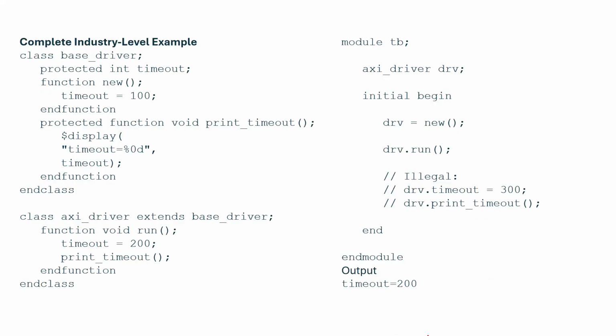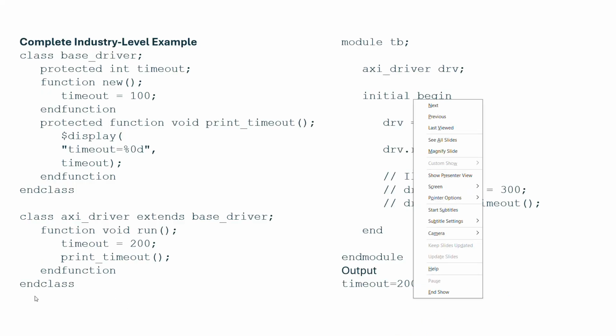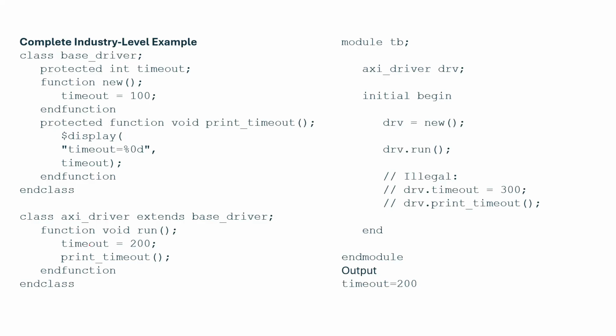So the child class can access this timeout as well as the method. Okay, so print timeout method as well as timeout value in your child class. The timeout value you assign through the method and then we call print timeout. What is the method name? Run. I can call this run in my TB, and then obviously you get the properties and methods in your TB.